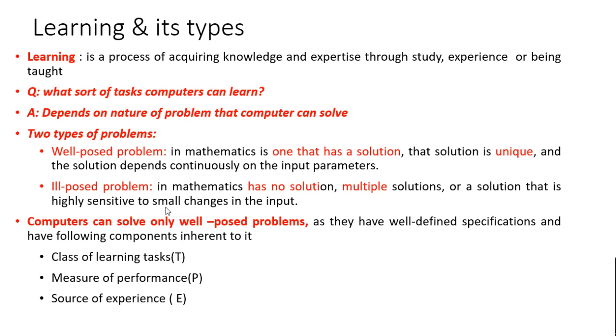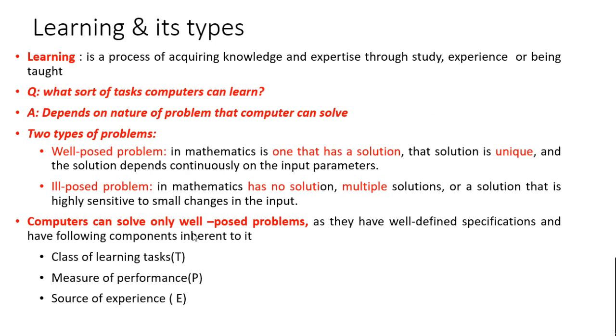Whereas ill-posed problems in mathematics have no solution, or can have multiple solutions, or have a solution that is highly sensitive to small changes in the input. So the main difference is that well-posed problems will have just one unique solution, but ill-posed problems can have no solution, multiple solutions, or very sensitive solutions.